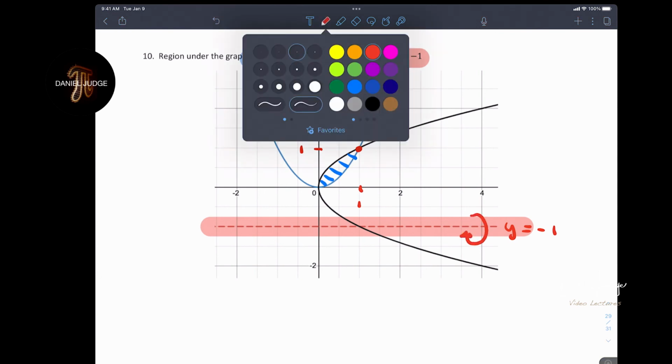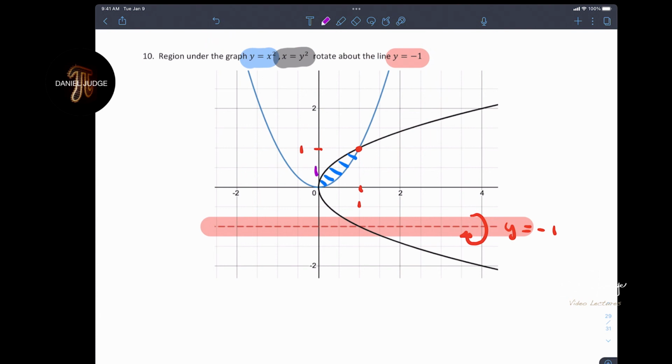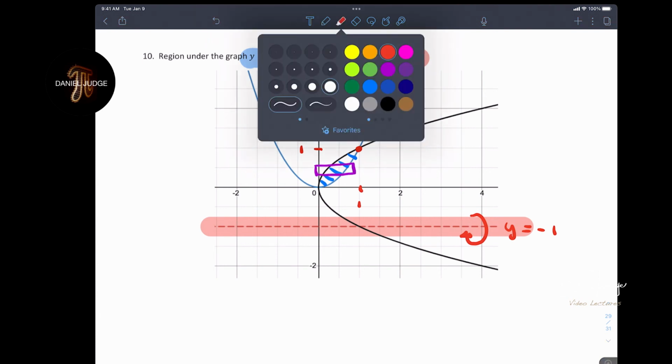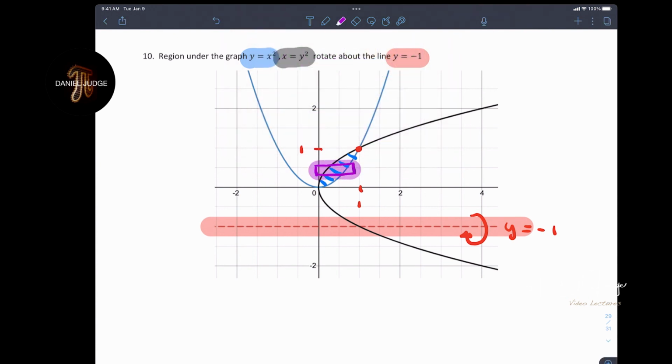So when we put our approximating rectangle, the approximating rectangle is going to be horizontal. And that makes this a dy, where y is going to range from 0 to 1. Okay.